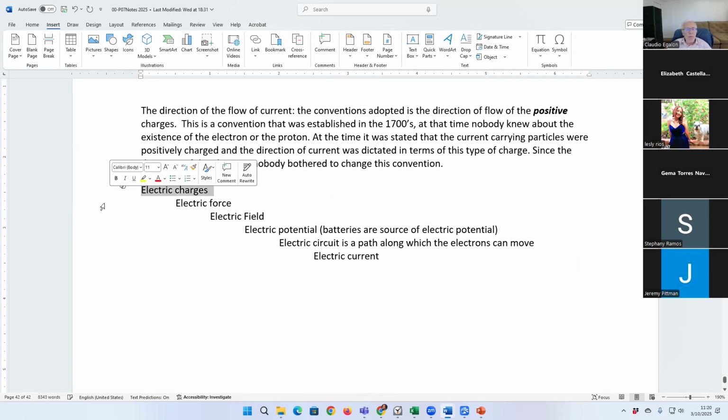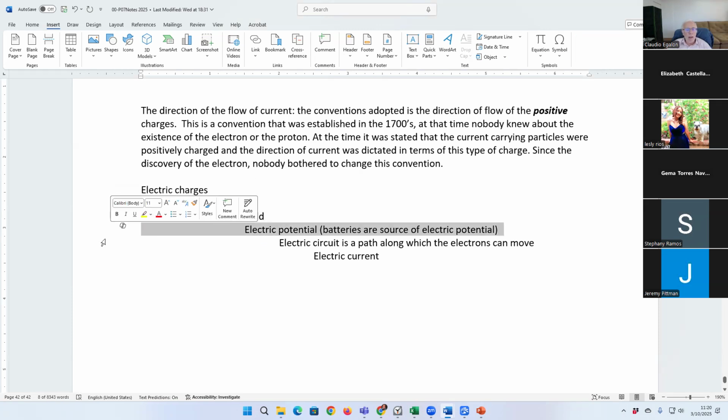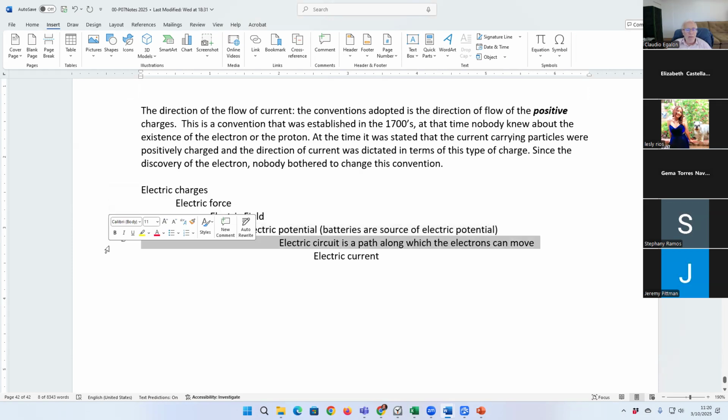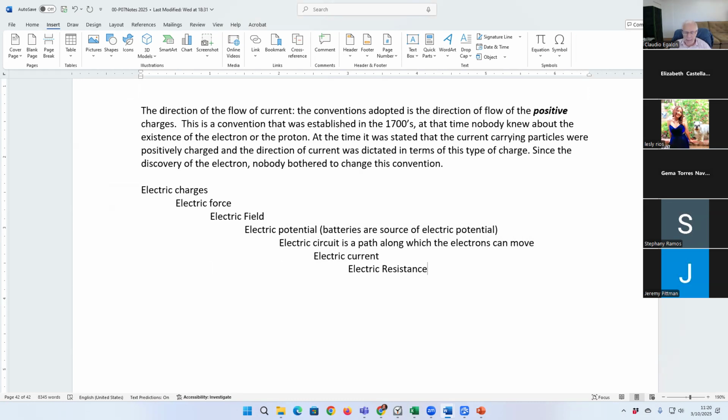So we have charges, force, field, potential, electric circuit, electric current, and then we have something else too. That's called electric resistance.